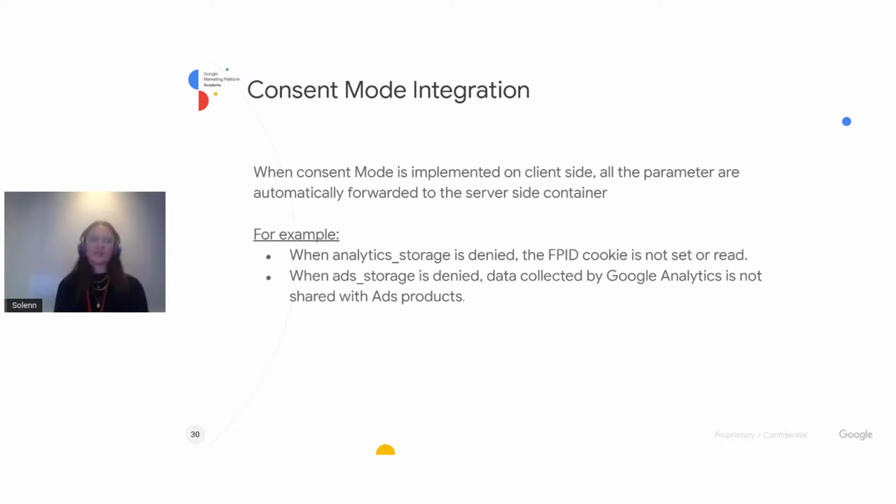On top of it, we have the conversion linker on the server-side tag responsible for cookies. If you send analytics storage denied, an FPID is not set or read. And when ad storage is denied, because of course it uses the GA4 client-side tag, it's not shared with ad products. So when we resolve it in the server container, this is not passed.